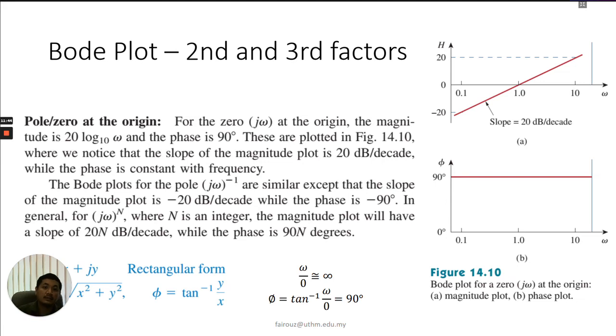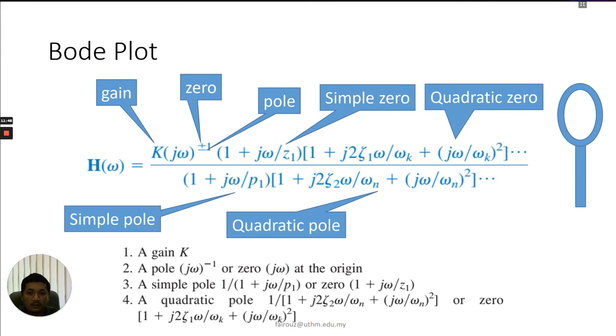Let's look at the second and third vector, which is pole and 0. We have pole and 0, which is just a simple s and 1 over s.